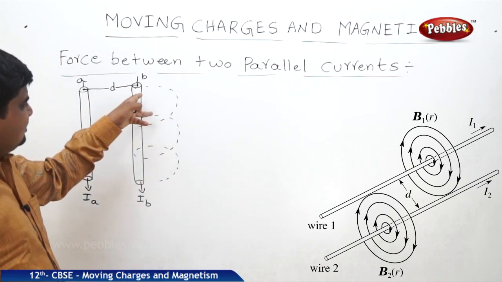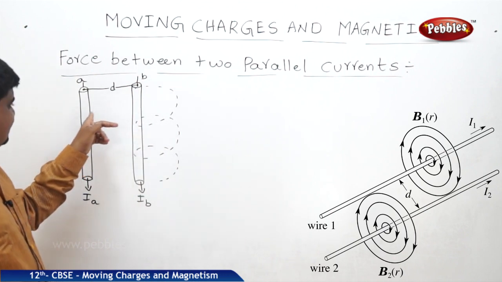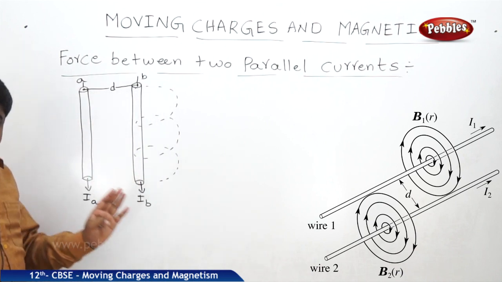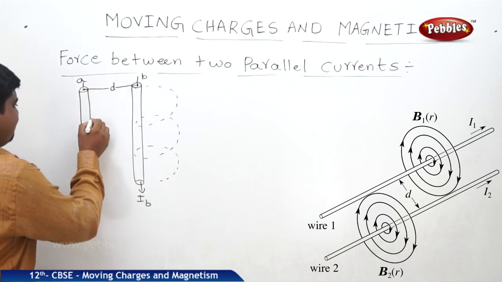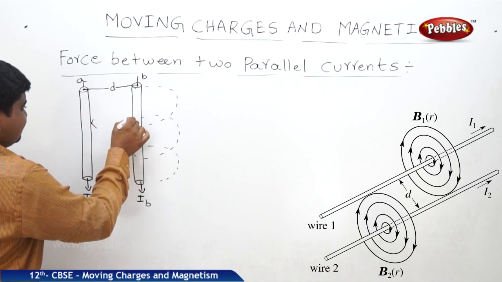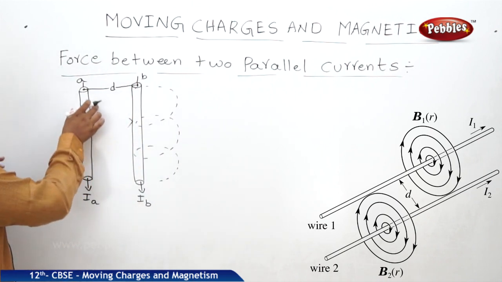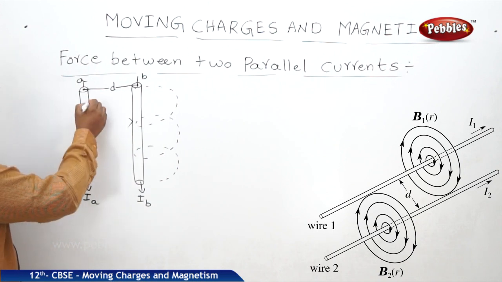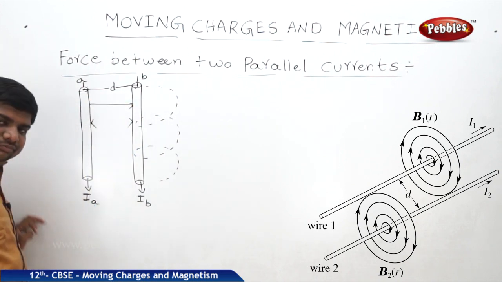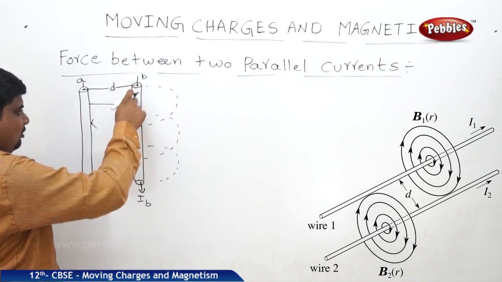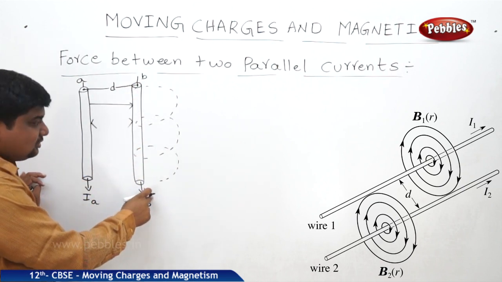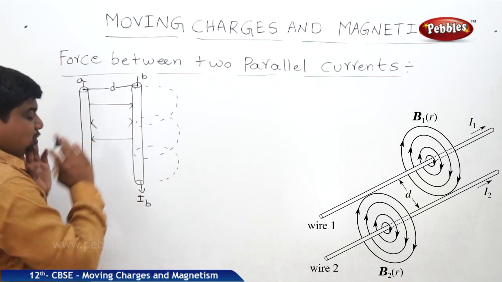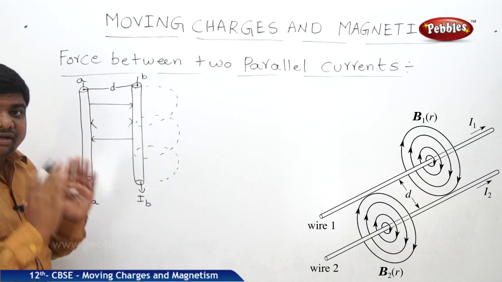So this current carrying conductor and this is also current carrying conductor, these both will attract and repel each other with magnetic force on each other. Because this rod is connected to a current, this results a force onto the B. Such like that, a rod B is also connected to a current source. This also exerts a force on A. These two exert force on each other.